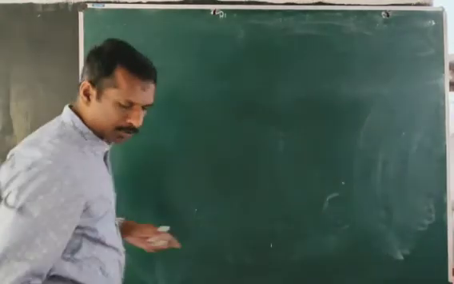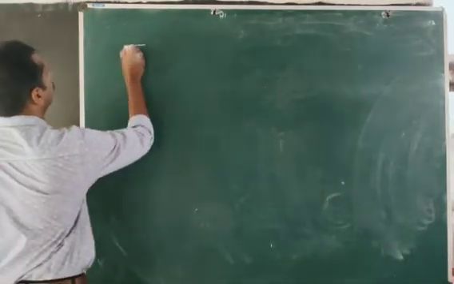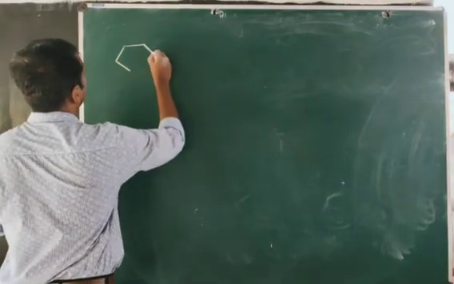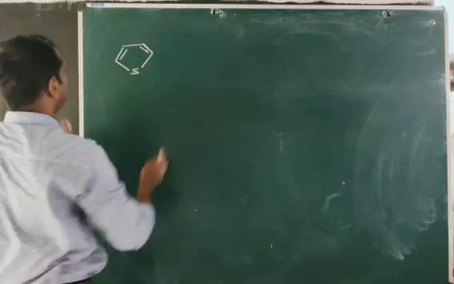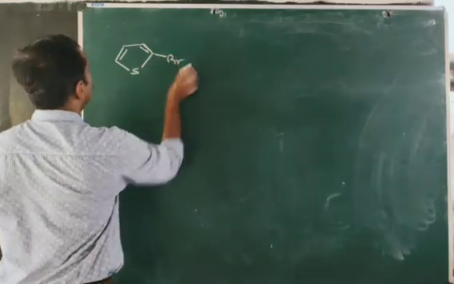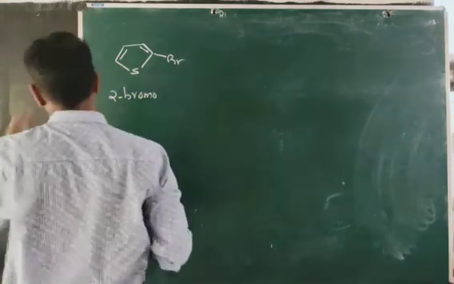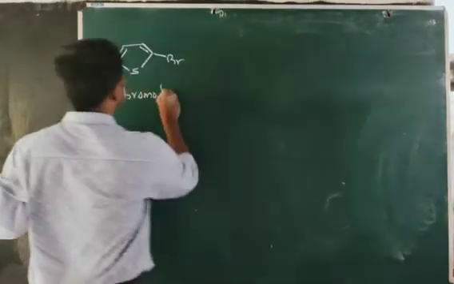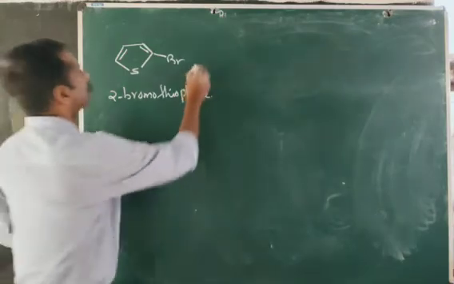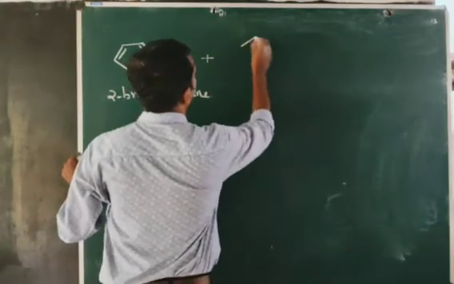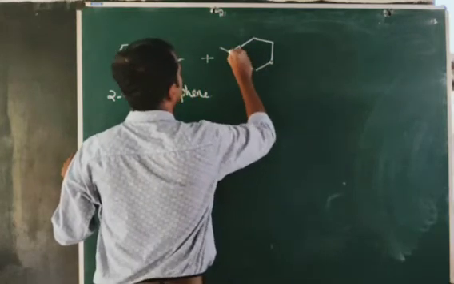Now, if you take a heterocyclic halide, look at it here. Here it is S, and Br. This is 2-bromothiophene. 2-bromothiophene is treated with, look here, N here and a double bond.